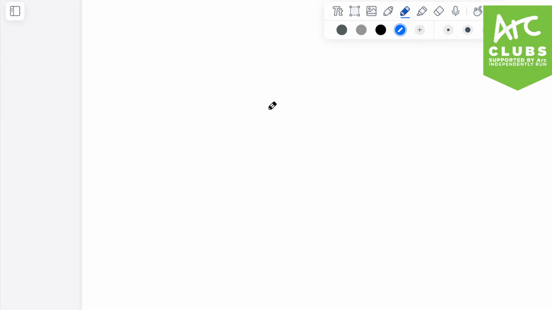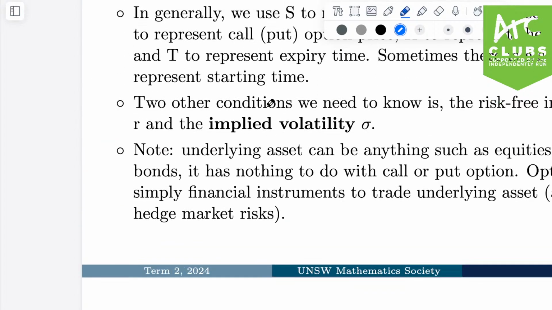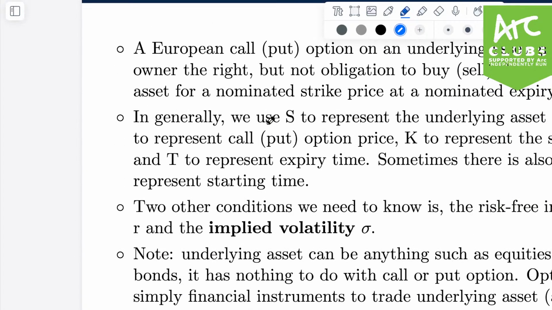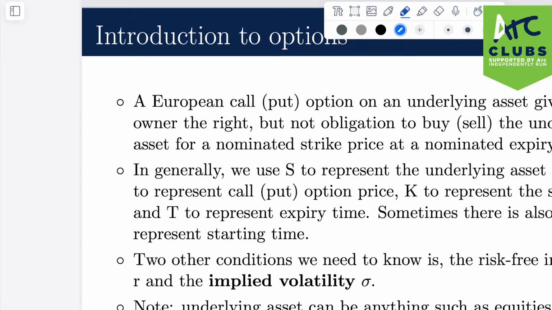I just want to highlight, and it's also on my slide, that the underlying asset can be anything such as equity or stock price or even government bond. It has nothing to do with call or put option. So options are what we call financial instruments. They are used to trade the underlying asset.